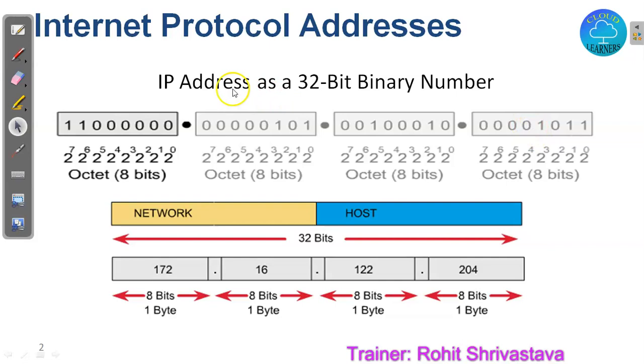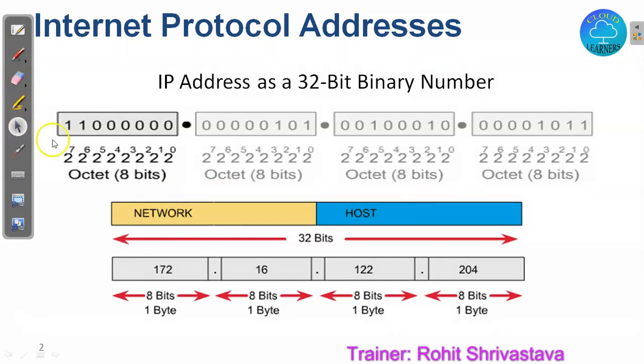Important thing, a few bits we assign to the network and a few bits we assign to the host as per our requirement. Clear? One more thing from my side: we are going to represent the network bits by 1 always and the host bits by 0 always.